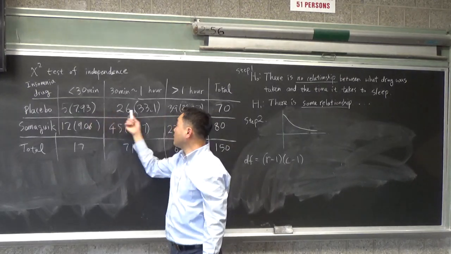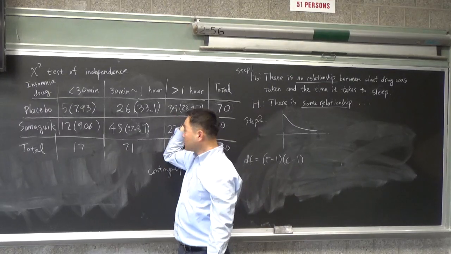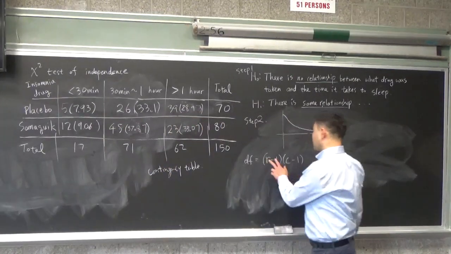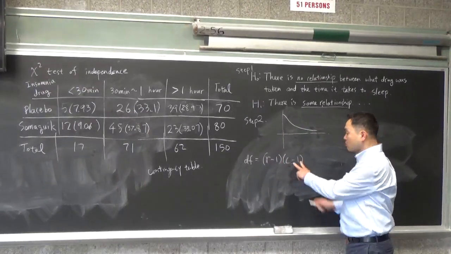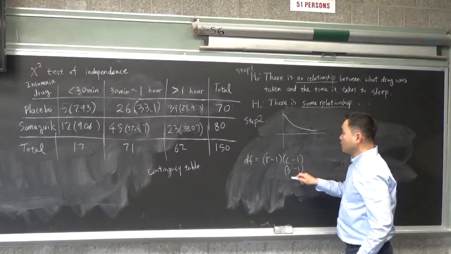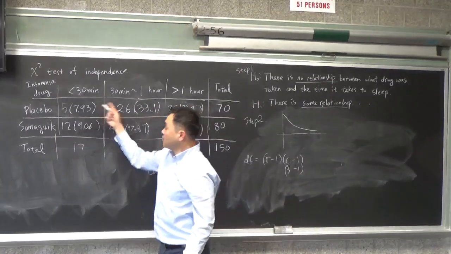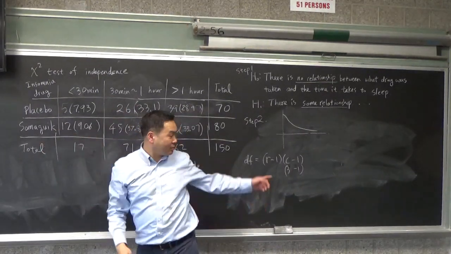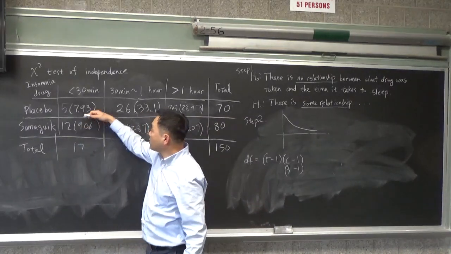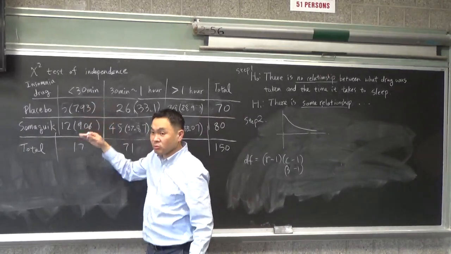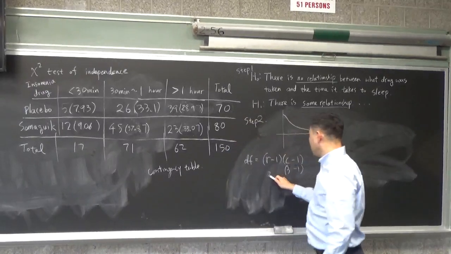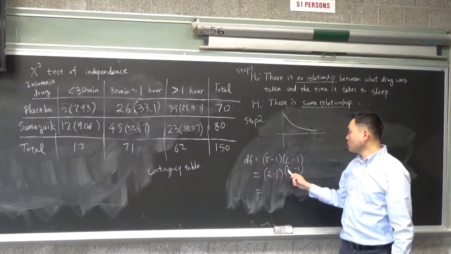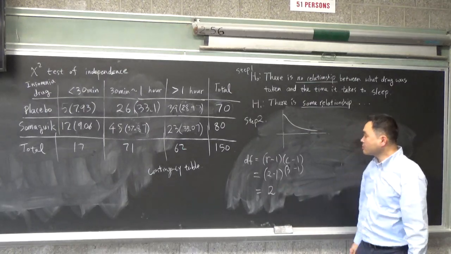If you know 2 of them, the third one is determined, so it's column number minus 1. That's what's computed here. This will be 3 minus 1. And there are 2 rows, right? Don't include the totals when you talk about this formula, okay? So you have 2 rows, 2 minus 1 gives you 1. So the degrees of freedom will be 1 times 2, which is 2.